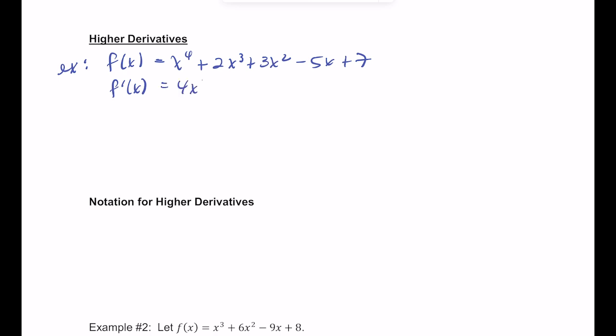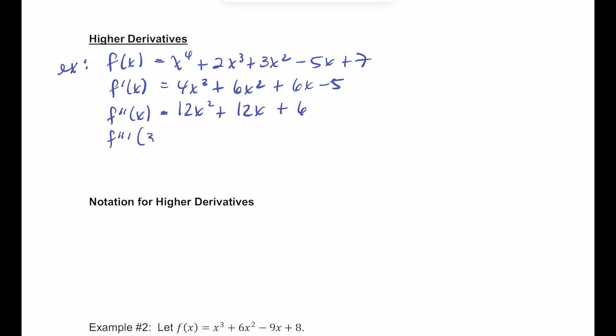So we would get 4x to the 3rd plus 6x squared plus 6x minus 5. Well, I can take the derivative of that. So I'm going to take the derivative again. That would give me the second derivative. So I would have 12x squared plus 12x plus 6.